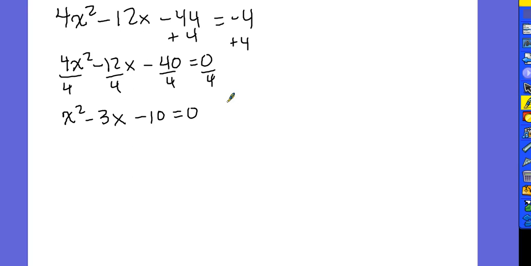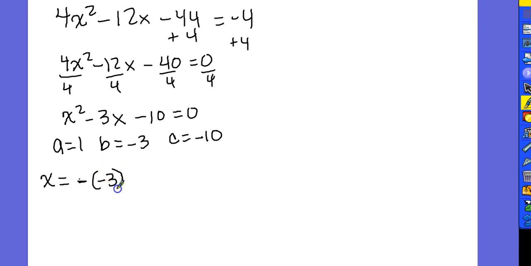But we're reviewing quadratic formula. So what's our A? Our B? And our C? Okay, we're not dropping those negatives. We're being careful. And we're going to plug that into the quadratic formula. We're solving for x, so x equals the opposite of negative 3.